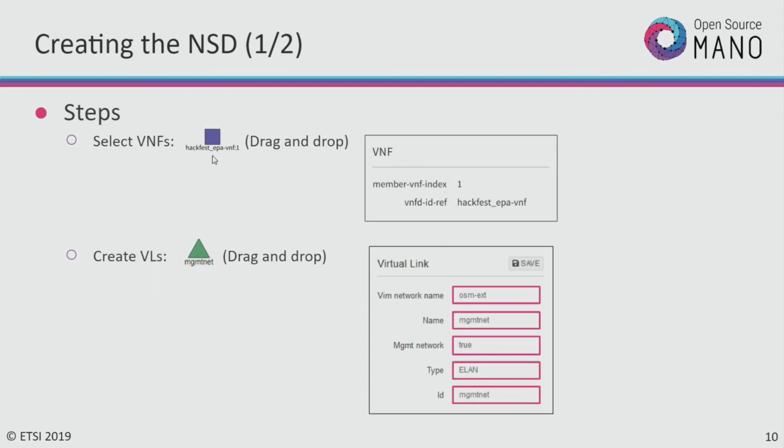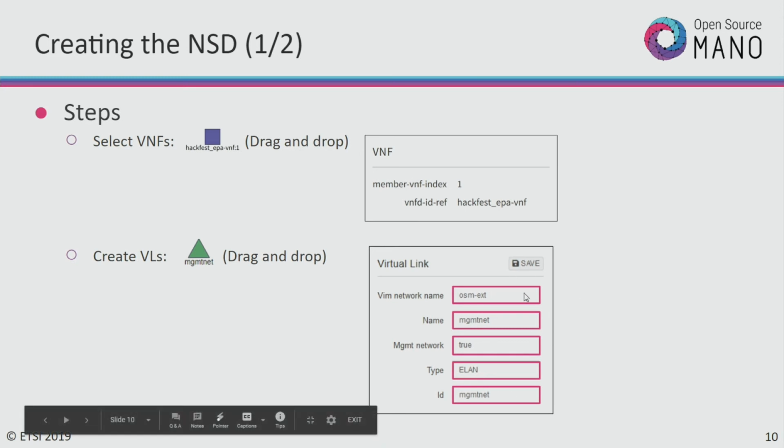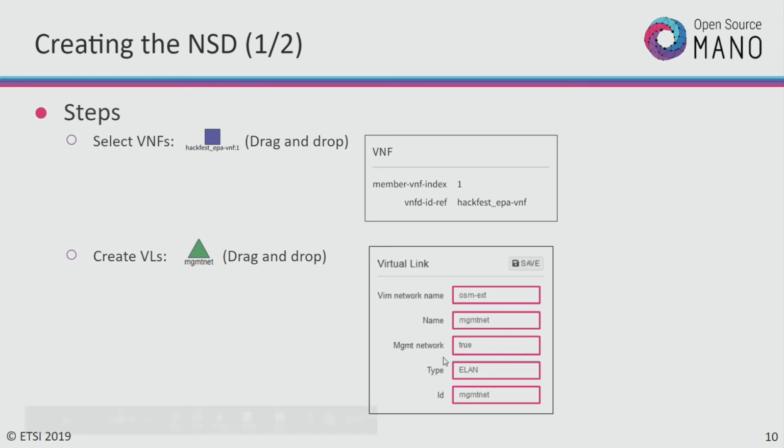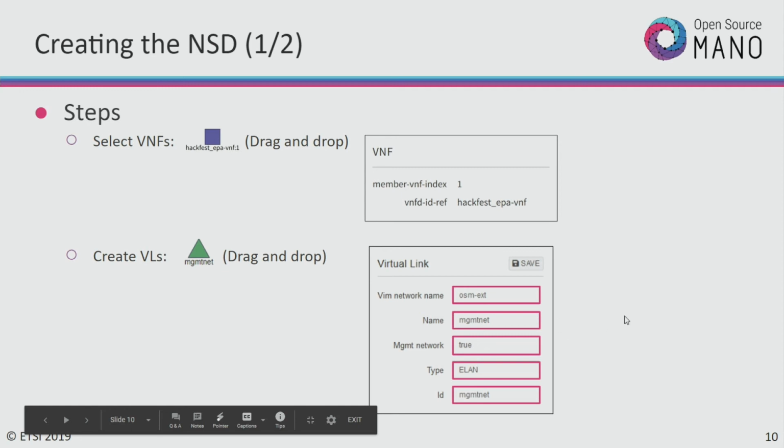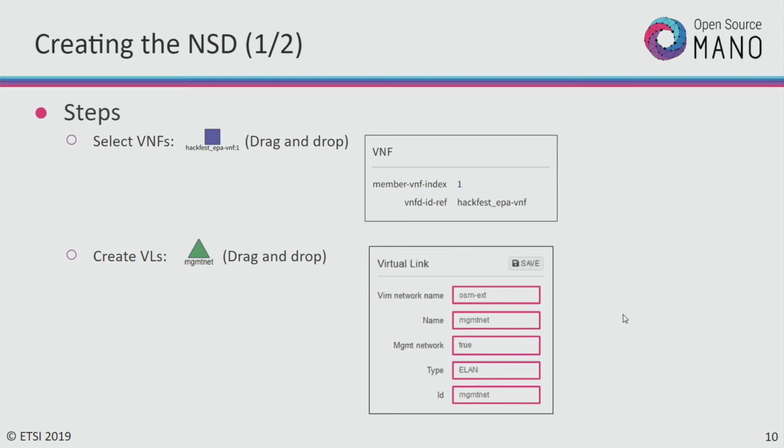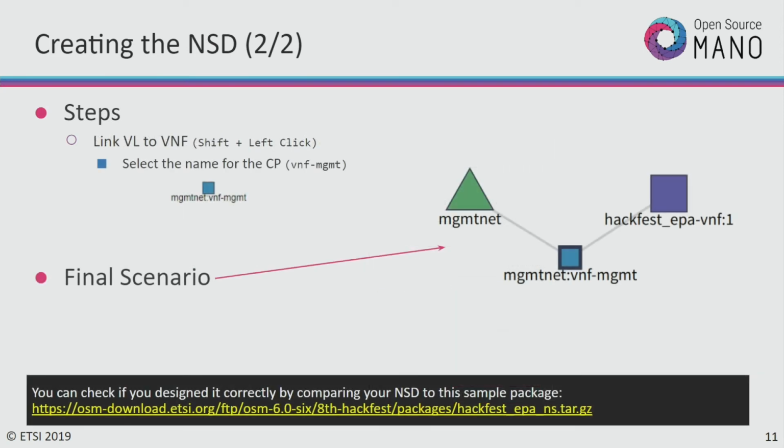So in this case, you need to just drag and drop the Hackfest EPA VNF, just one of them, and create a VLD. Also drag and drop that VLD, name it management net, and you can fill all of these fields. These fields are already created on the package that I linked you. So the final step should be to link that.